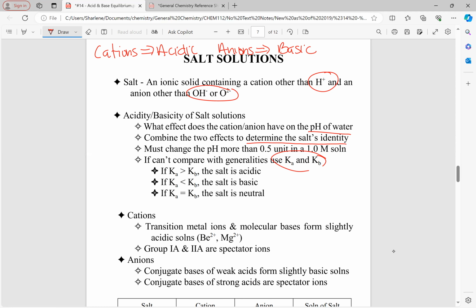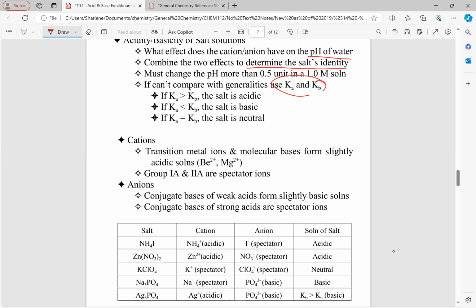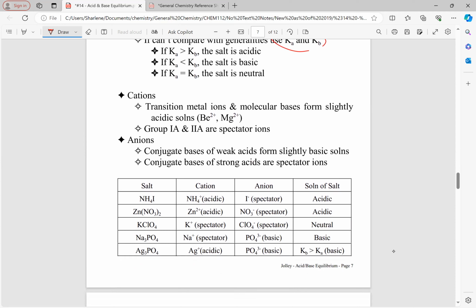All right, so what kind of cations am I talking about? I'm talking about any of the transition metals and the molecular bases. They're going to all form slightly acidic solutions, okay? Except those that come from the six strongies.